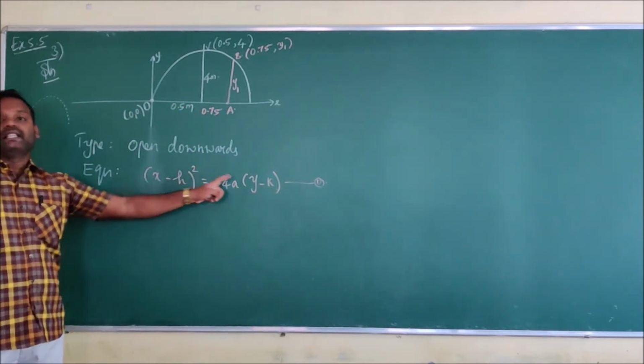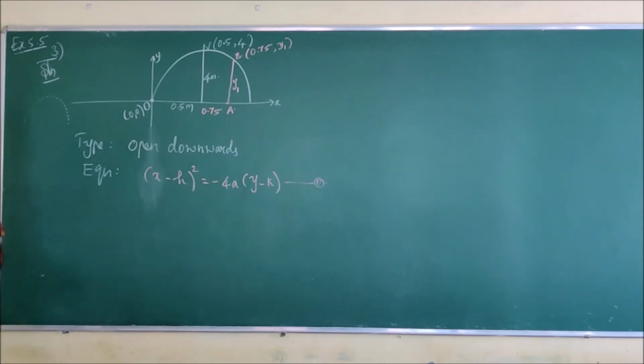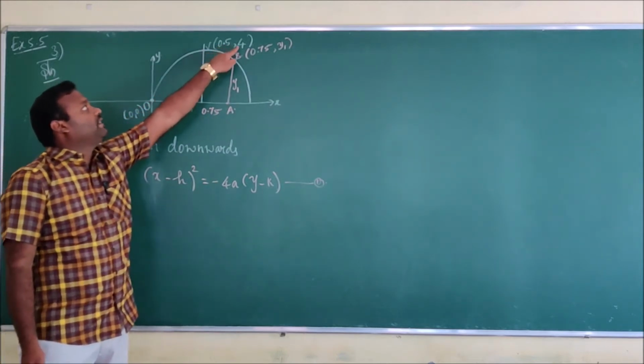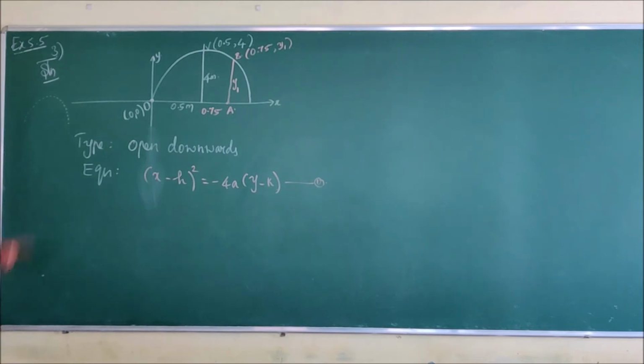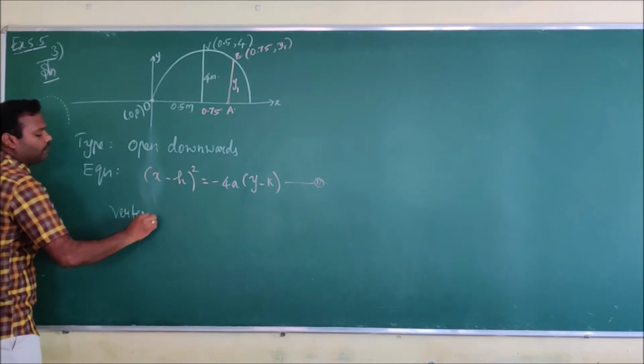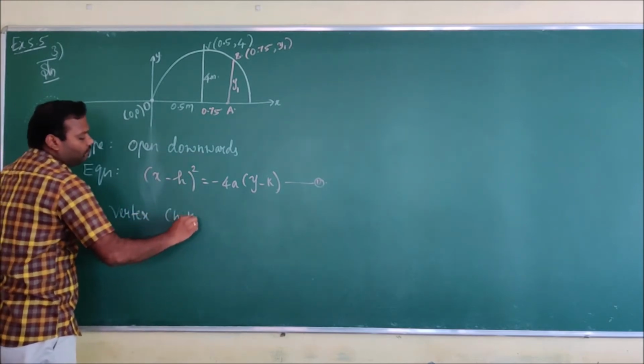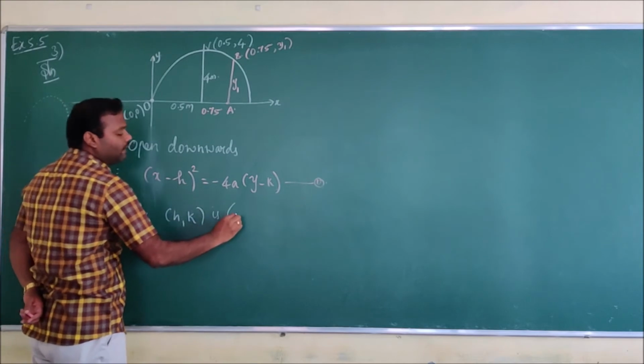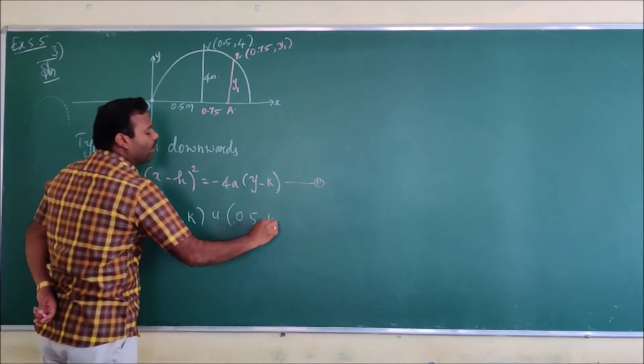Here we are having the vertex h, k. It is marked here. The vertex is 0.5, 4. So now I am going to write the vertex. The vertex h, k is 0.5, 4.